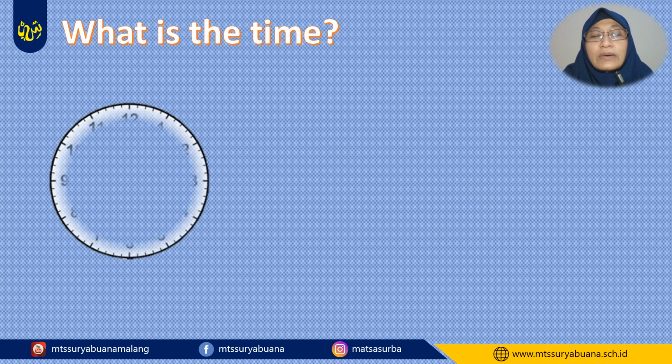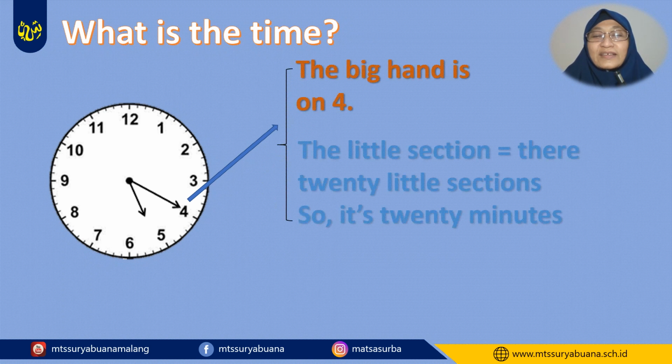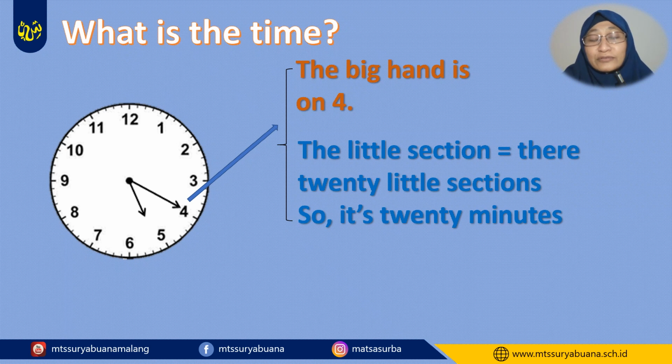Well, what about if the big hand is on different numbers? Okay, look at this clock. The big hand here is on number 4, right? So when the big hand is on number 4, we have to count the minutes. Do you still remember that between two numbers, there are 5 little sections, so there are 5 minutes.